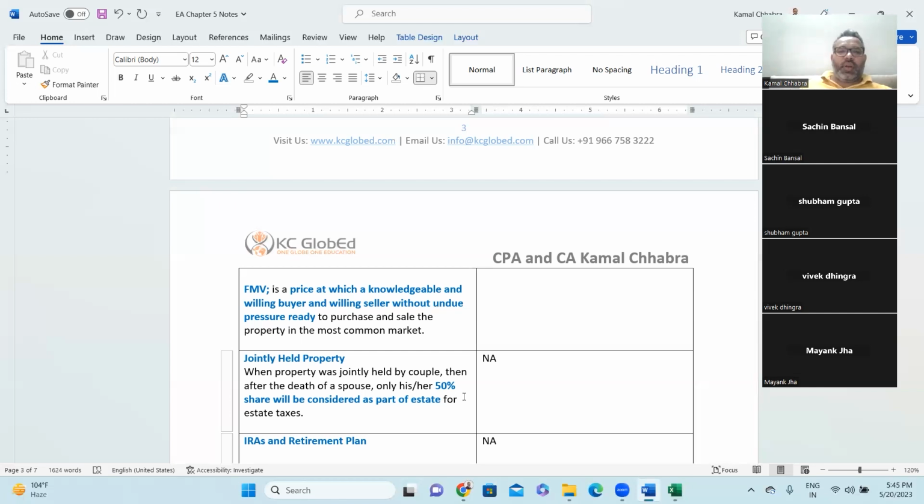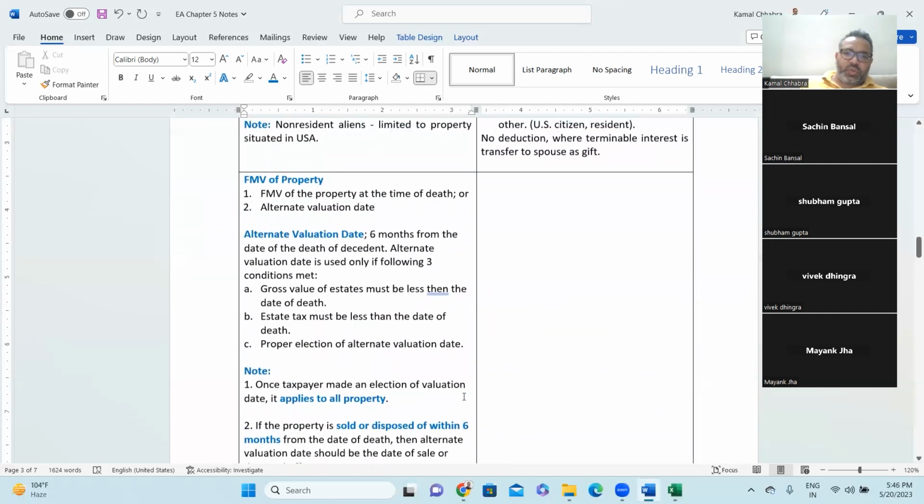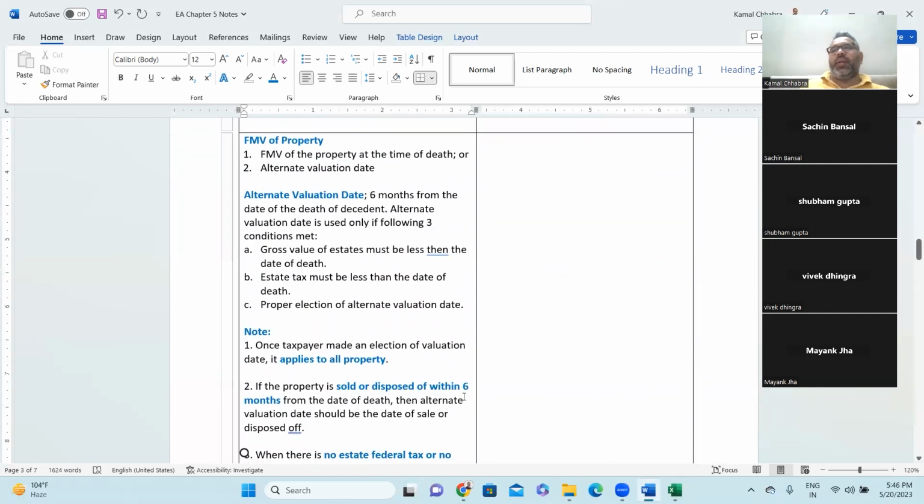Got it? So now coming back to the fair market value of property. What is fair market value of property? It is the price at which a knowledgeable person who wants to purchase a property is ready to buy, and a knowledgeable person who wants to sell is also agreed to sell.